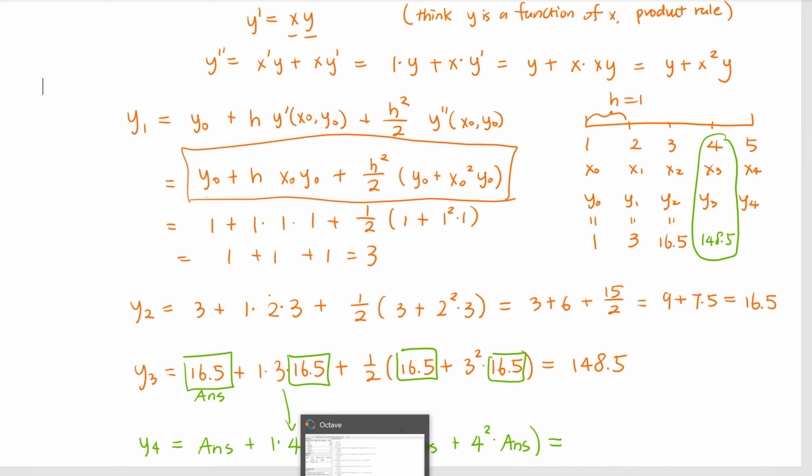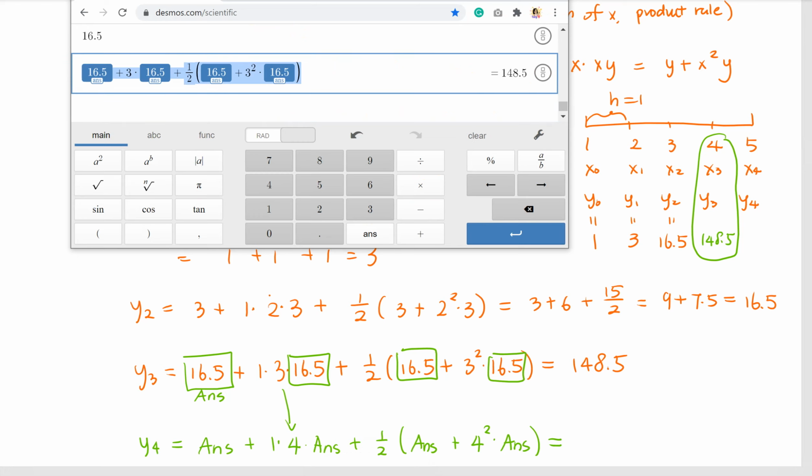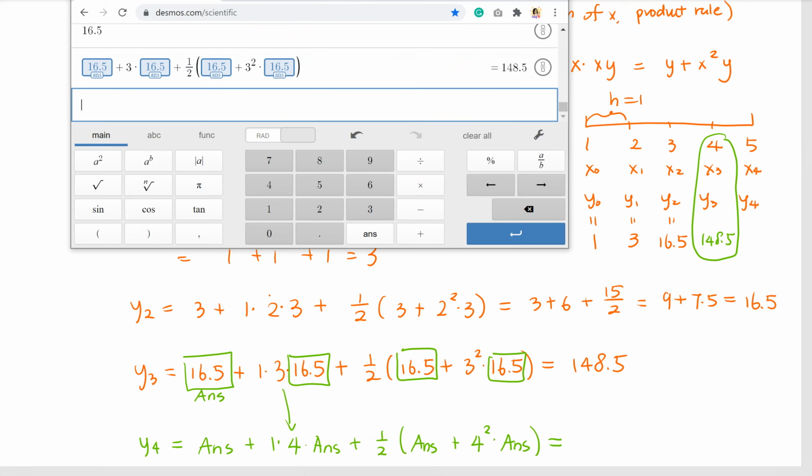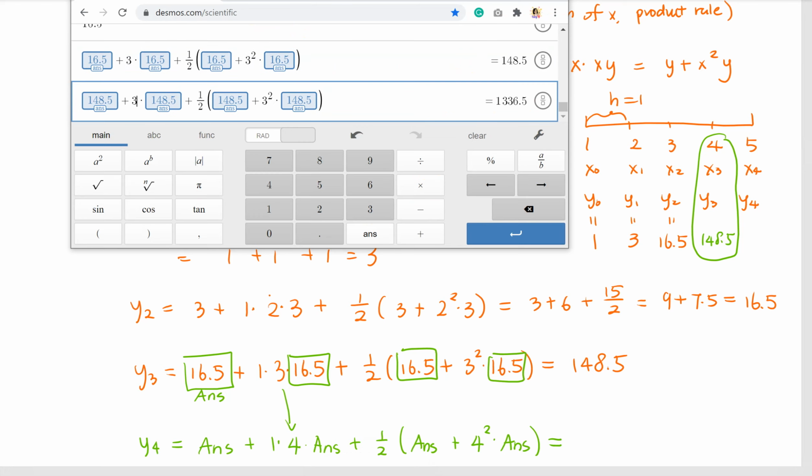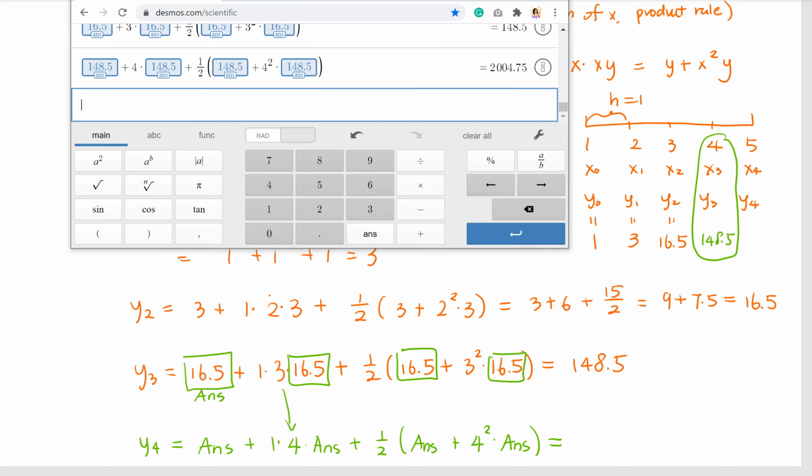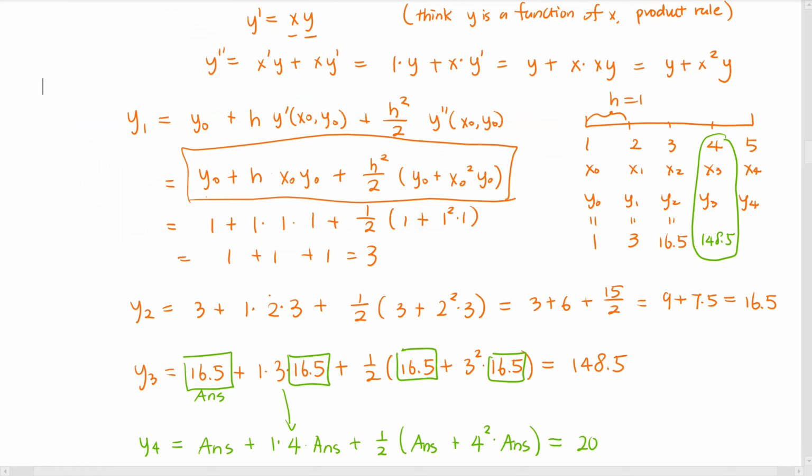So in your calculator, just go up to the previous line, and change 3 to 4. Change 3 to 4. See? So the answer is 2004.75. So this is the final answer.